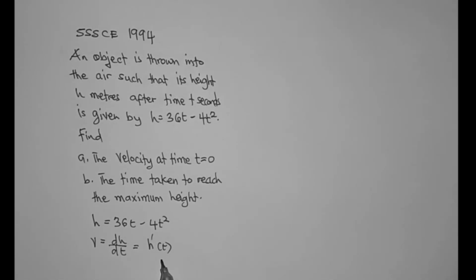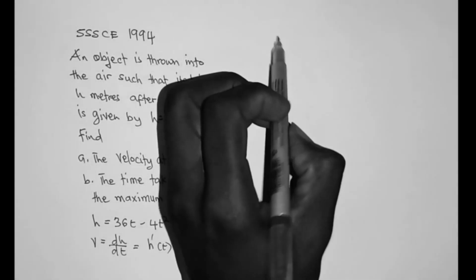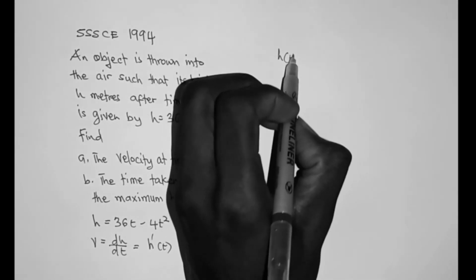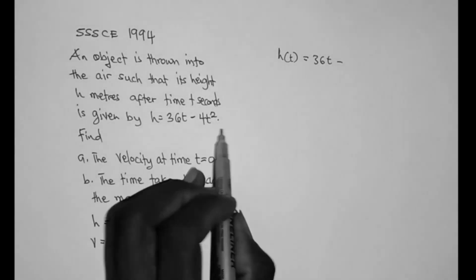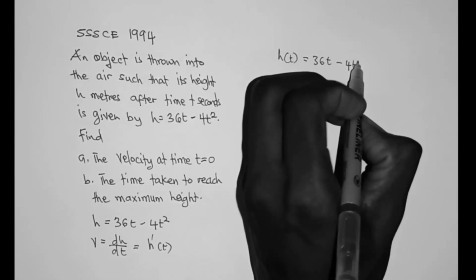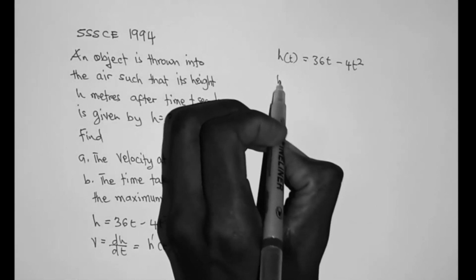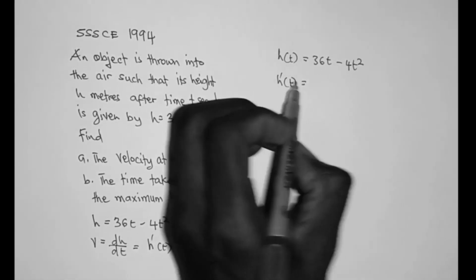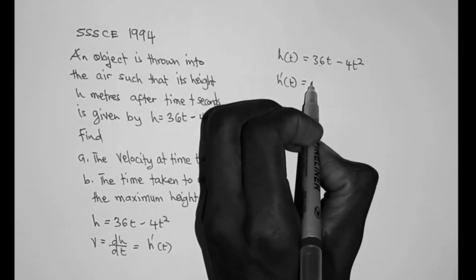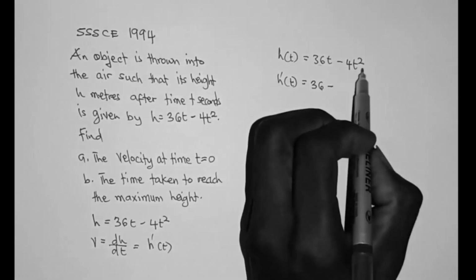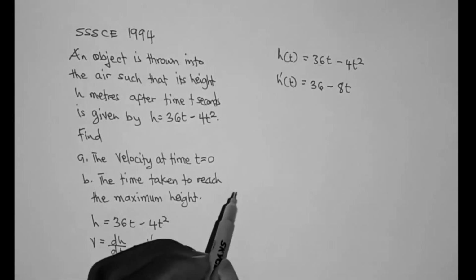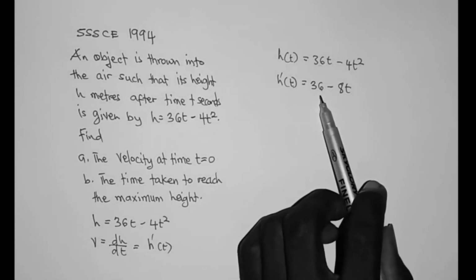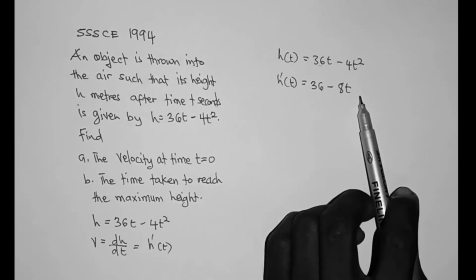So let's go ahead and find h prime of t. h of t is equal to 36t minus 4t squared. So h prime of t is equal to, if you differentiate 36t, you get 36, minus, if you differentiate 4t squared, you get 8t. So h prime of t is equal to 36 minus 8t.